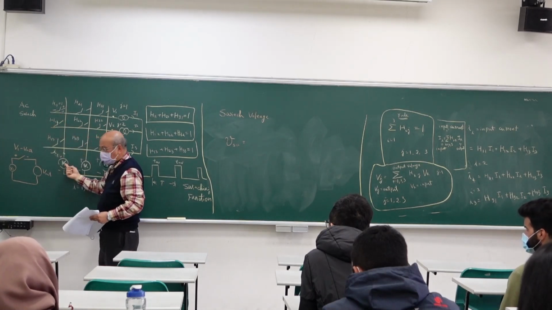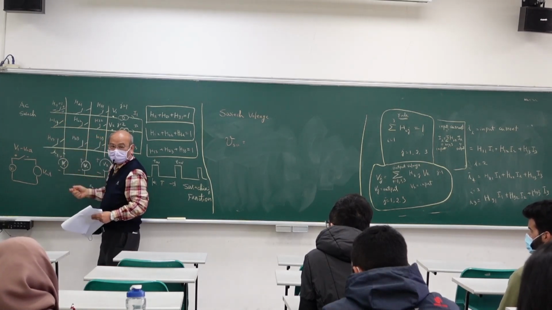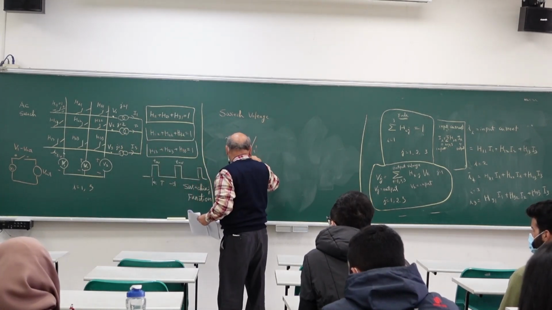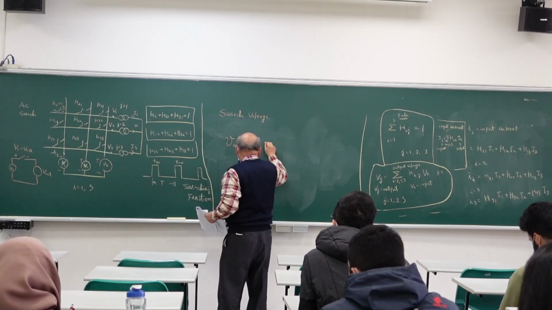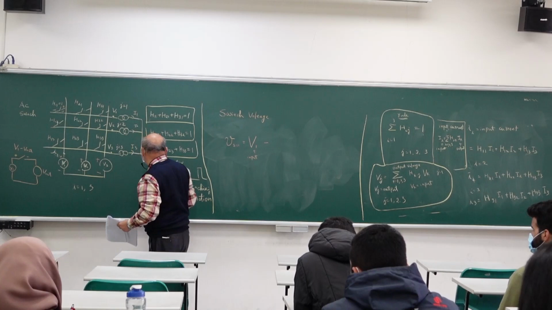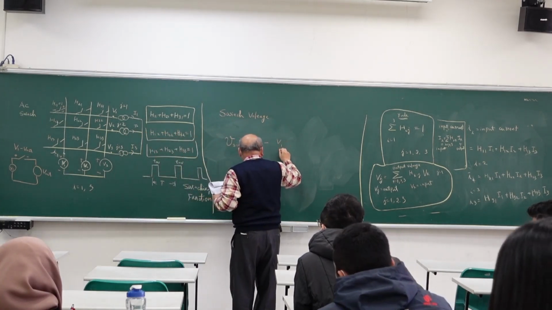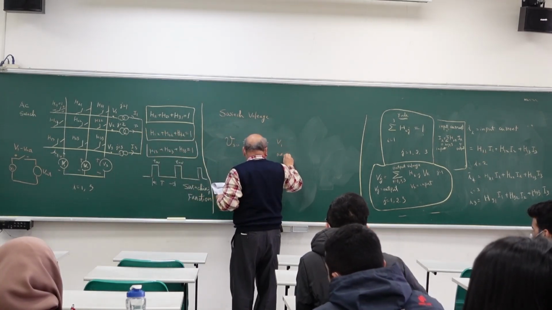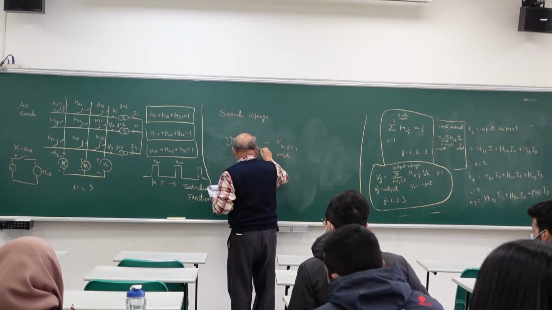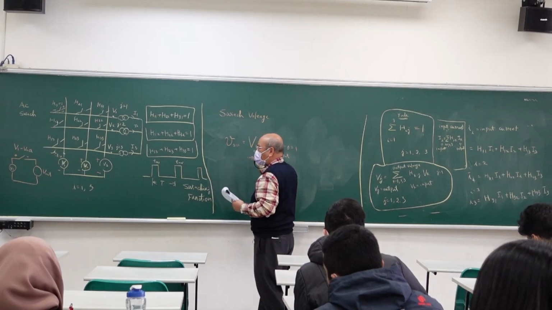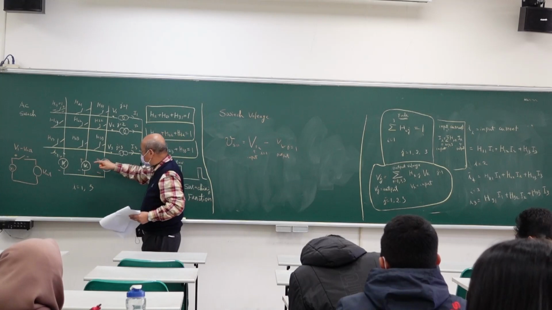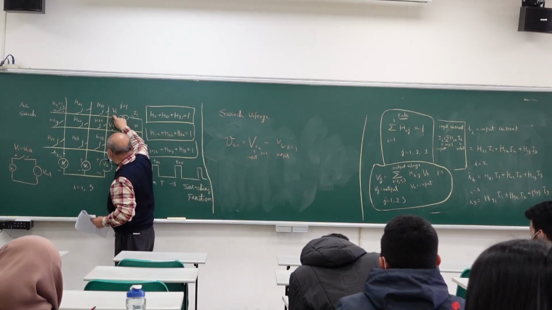So what is this voltage? V1, right? This is the input, minus this voltage, the output. This one means J equal to 1, and this one means I equal to 1. I is input, J is output. So this means this voltage minus this voltage.